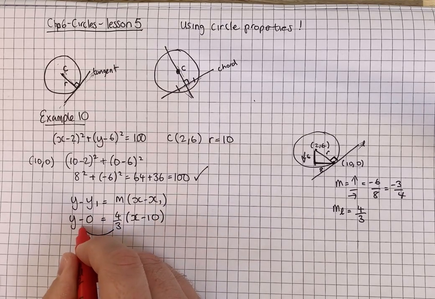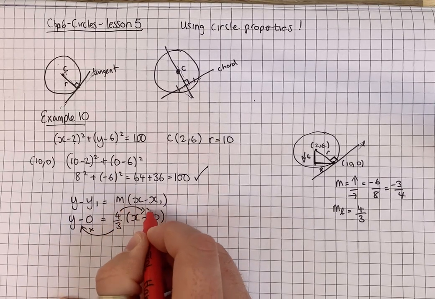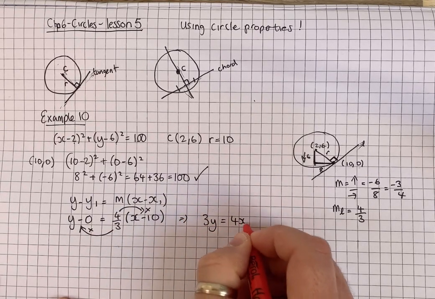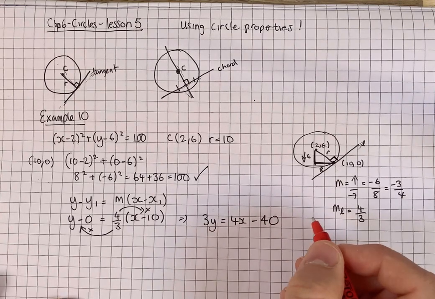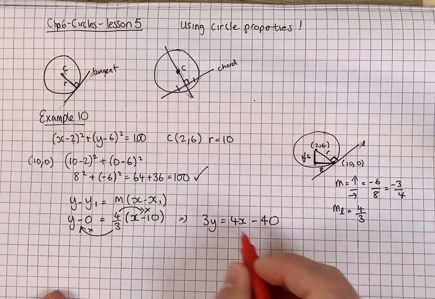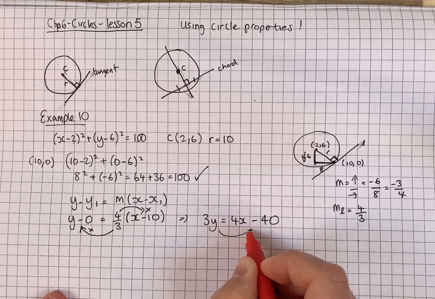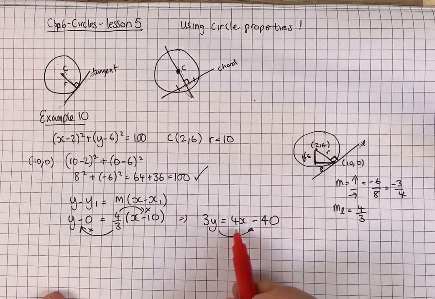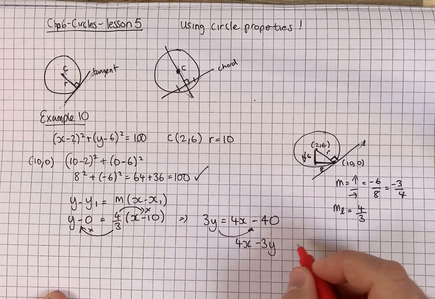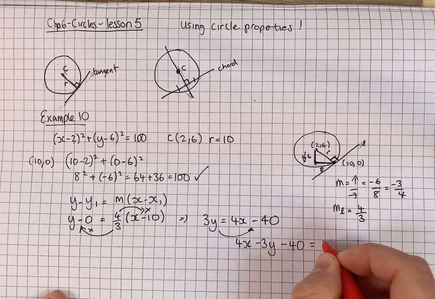So I'm going to bring the 3 over as times and expand the bracket by 4, giving me 3y = 4x - 40. And the form we wanted to leave it in was ax + by + c = 0. So let's bring the 3y over, so that way your 4x is positive. Your 4x - 3y - 40 = 0.